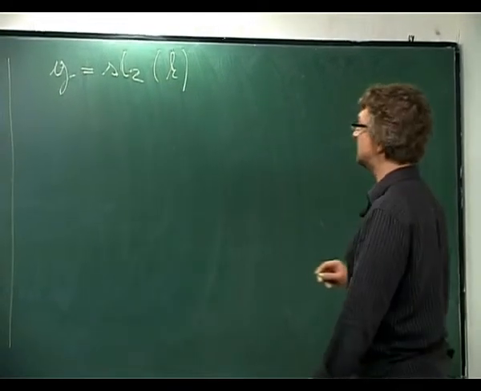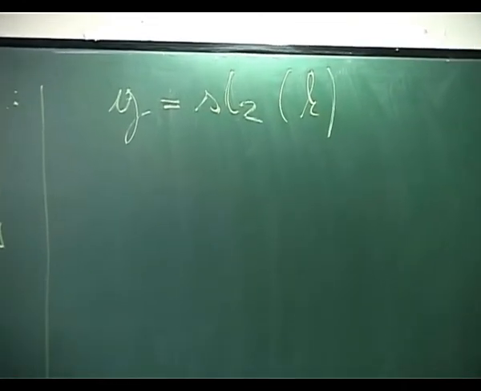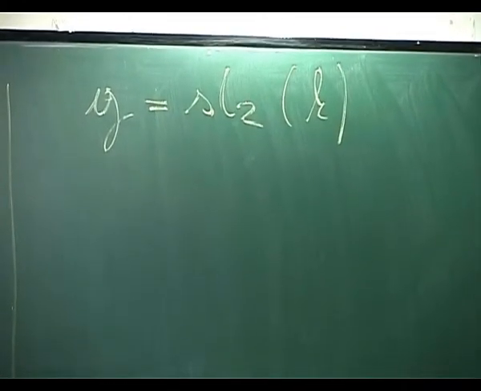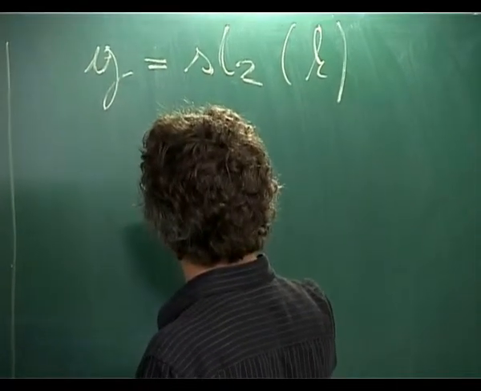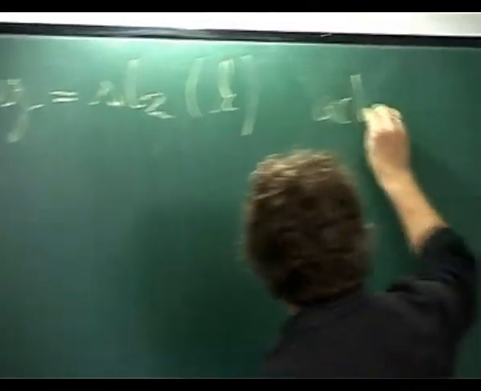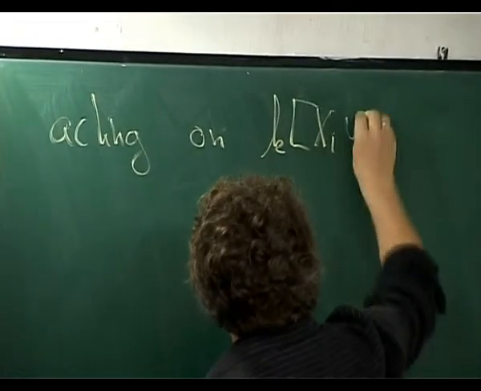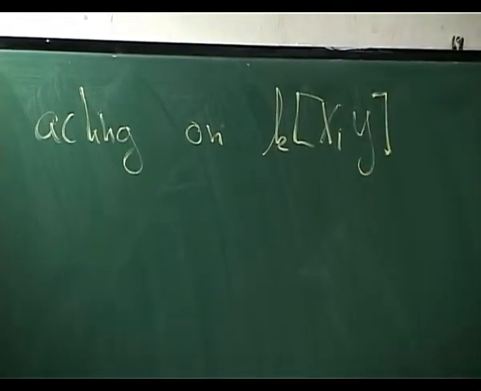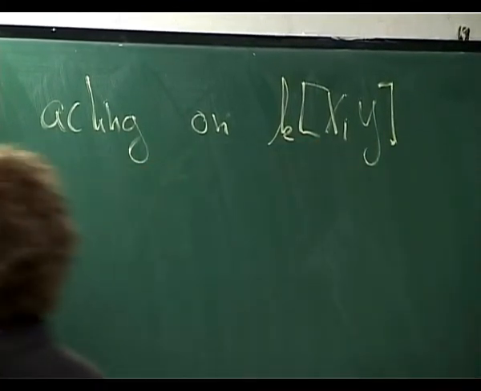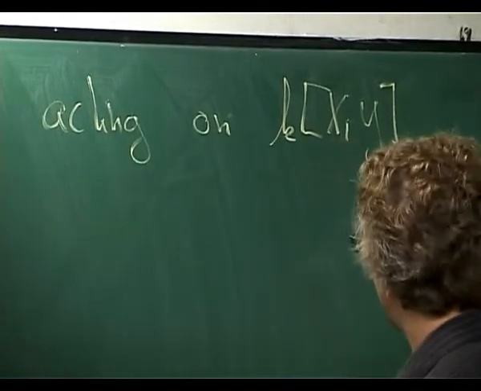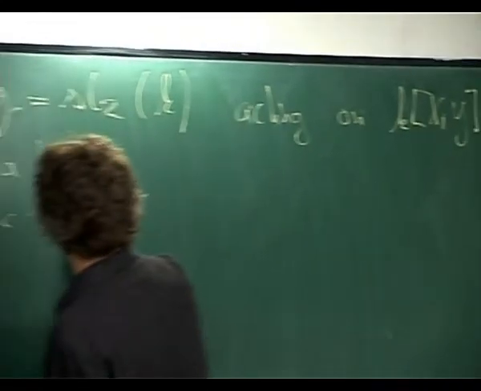So an example, SL2 over K. In this case we look at the module we had before, K[x,y], the polynomial ring in two variables. We had the group acting on this. Let me write down the action again so that we can see what is going on.